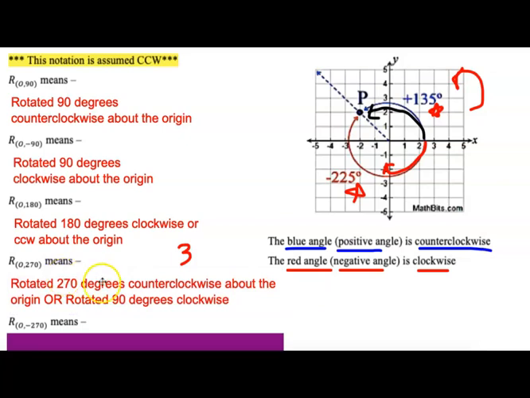So you can go 270 counterclockwise, or if you want to change that rule to going 90 clockwise, totally fine. So, for example, this rule is the same thing as a rotation about the origin, negative 90. So those rules are the exact same, just written in a different order.